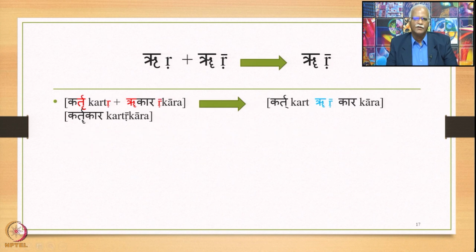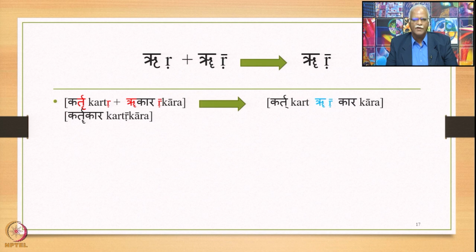Then we have ru followed by long ru. It must be admitted that we don't have typical word forms beginning with long ru. So we have to do with rukara, which is typically available.